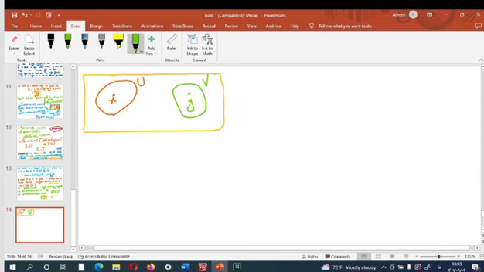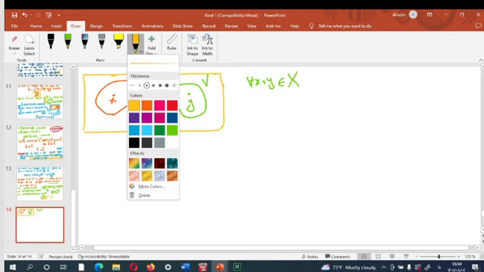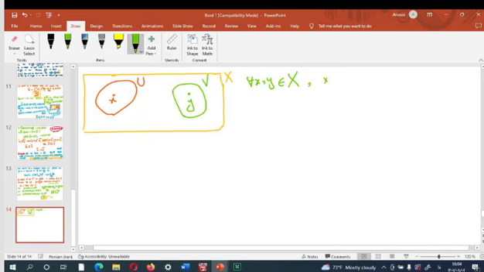so that for each x and y in X, this is our topological space X, if x not equal to y, then there exist u and v in tau with these three properties: x belongs to u, y belongs to v, and u intersect v equals the empty set.